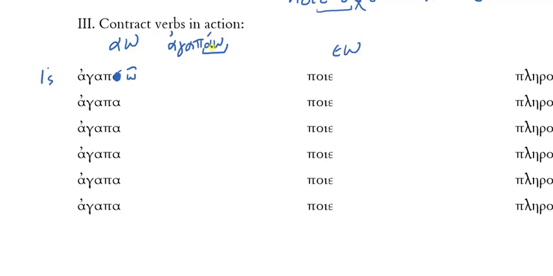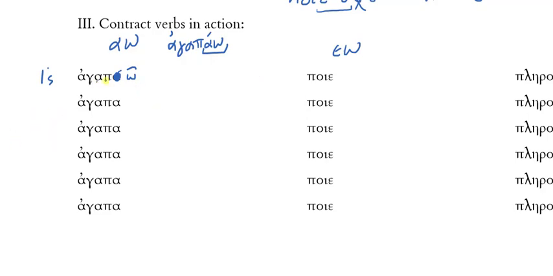You're still going to translate these as present tense verbs. It's just, why do the vowels look funny in that back portion right before the personal ending. All right. Now, this is also going to matter when we start looking at future tense verbs and aorist verbs, because these contract vowels will also do some things. They'll lengthen before we put the tense signs on there. Okay, so let's just real quickly walk through this.